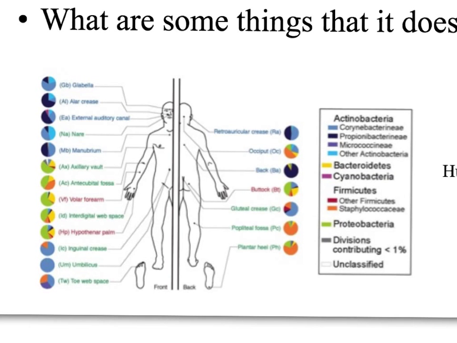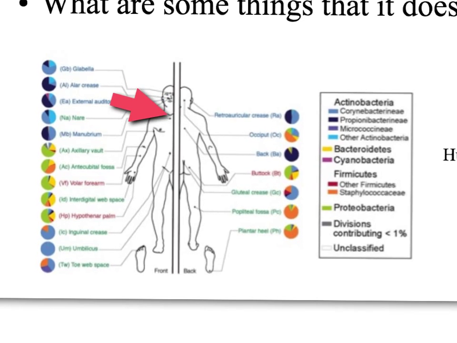What you can see is that when you're looking at a human dorsal and ventral, and you're looking at all of these different areas of the body, there's quite a bit of diversity in terms of which microorganisms you actually have present. So you have all these that are color-coded, and then you've got pie charts for the proportion of how much of them are where in your body. So we are actually quite a complex zoo, if you like.